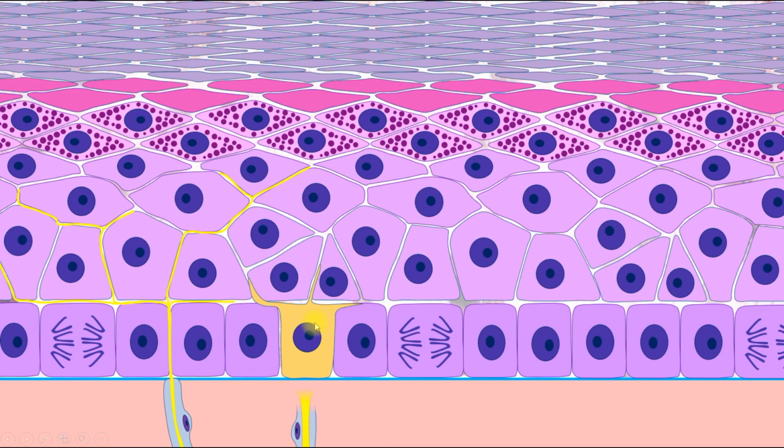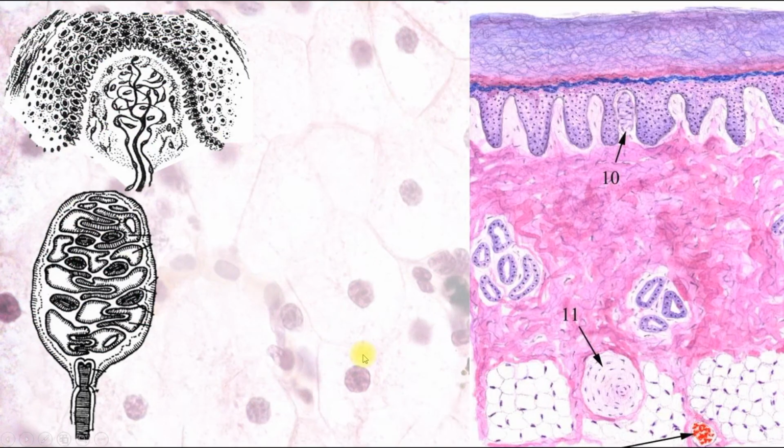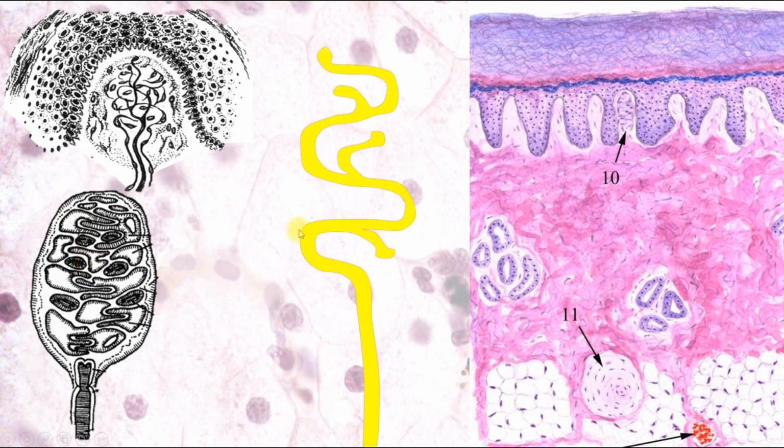Also, we have Merkel cells. They are sensoepithelial cells, and they send information to the dendrites of sensory neurons. These are intraepidermal sensory structures, and also we have sensory structures in the papillary and reticular dermis. In the papillary dermis, we have Meissner's bodies or Meissner's corpuscles. They have a dendrite. Also, there are glial cells.